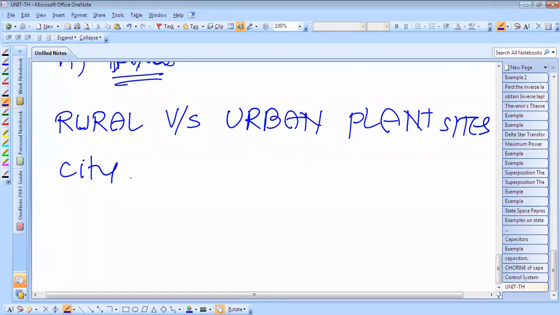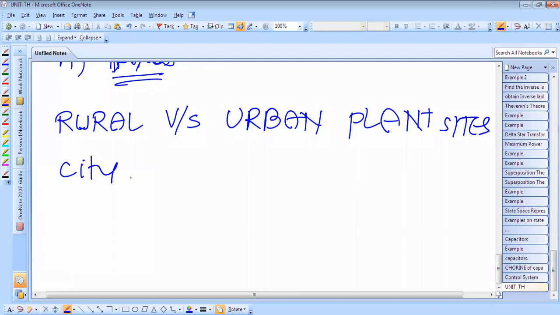Local taxes etc. are very high. Labor salaries are also very high because skilled, experienced, knowledgeable labor is available in the city, and therefore that is a disadvantage as per setting up industries in the city, because the company has to pay more for maintaining all these things.